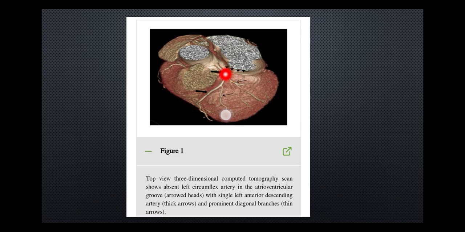There is only a single anterior descending artery with prominent diagonal branches. The anterior descending gives off diagonal branches, and this is one of them. These are the diagonal branches. However, the left circumflex is absent.